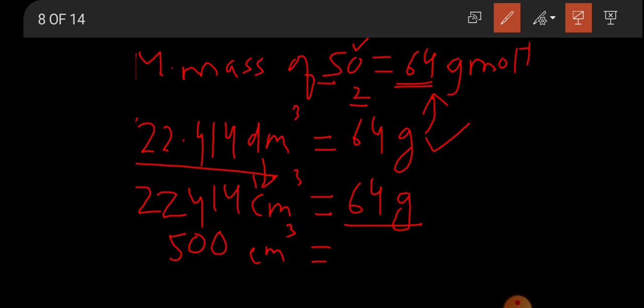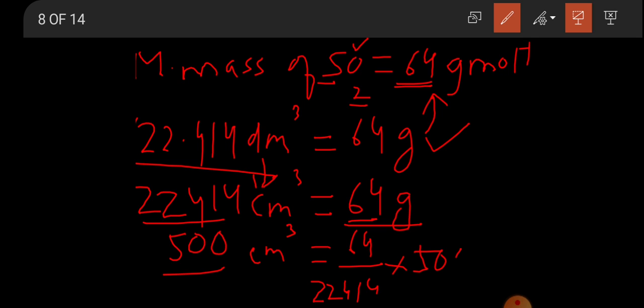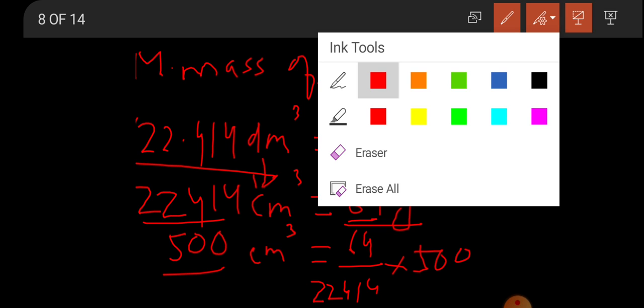The answer will be 64 divided by 22414 multiplied by 500. So your answer will be 1.427 grams, and D part will be the correct answer.